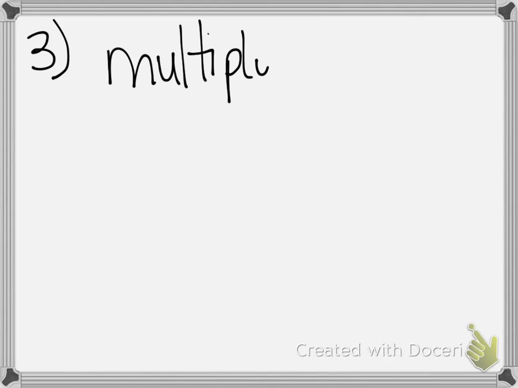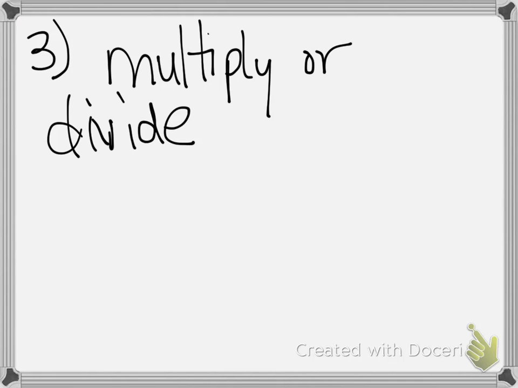The third step is to multiply or divide to isolate your variables.